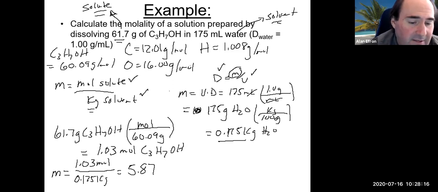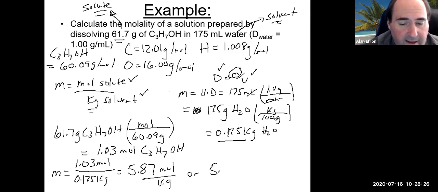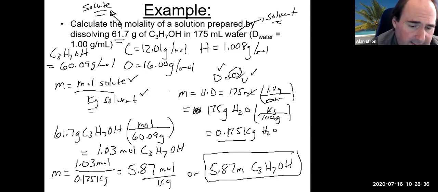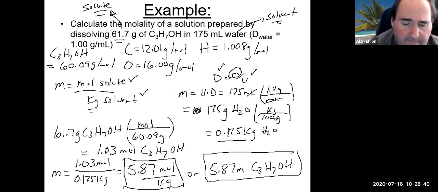Now, the units here, again, could be one of two things, very much like molarity. We could leave it as moles per kilogram, or you could say 5.87 little m. Either way is perfectly acceptable in terms of the final answer there.